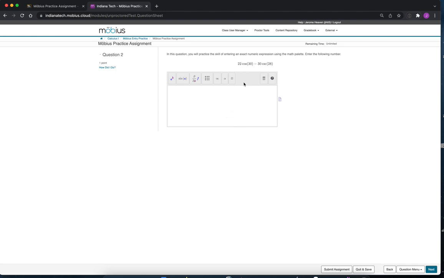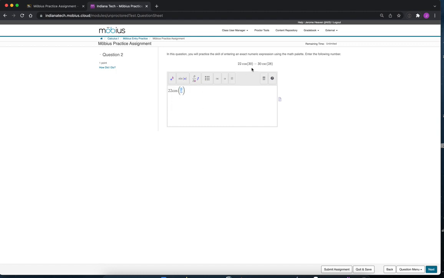So let's see. We're going to start with 22. Now it's 22 times cosine of 30. It turns out in this mode, you don't have to put the asterisk, right? We could literally type in cosine, but I just want to show you how we can get those expressions from these palettes. So let's click on the trig one and then choose cosine.